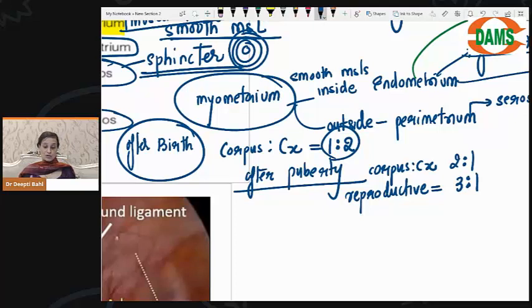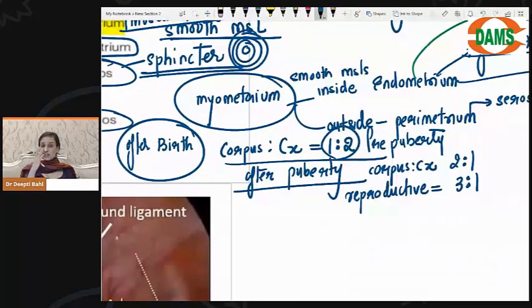So in the pre-pubertal time, right? So before puberty, the ratio is 1:2 of corpus and cervix. After puberty, it becomes reverse, 2:1. And throughout the reproductive life, the corpus to cervix ratio is 3:1.